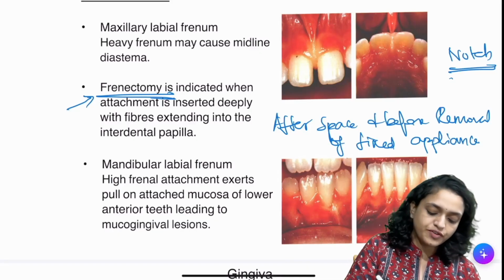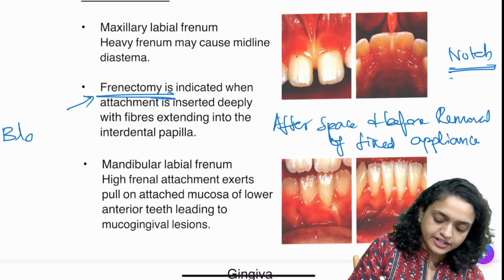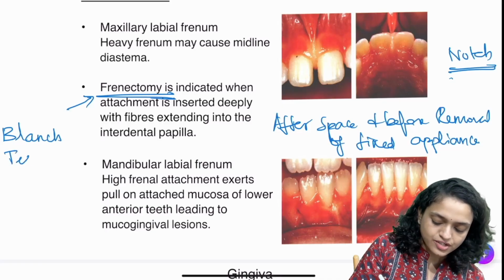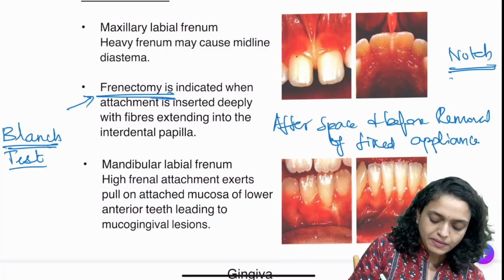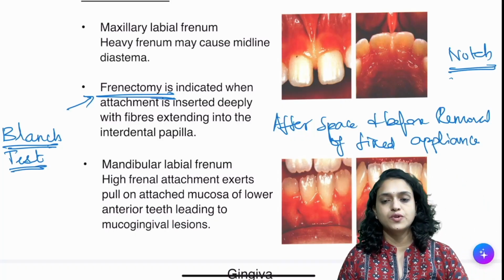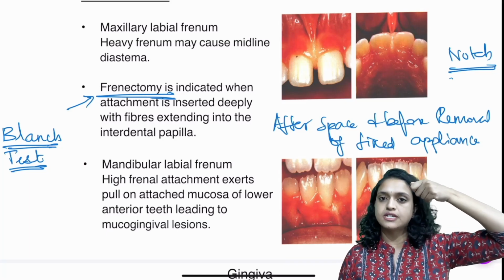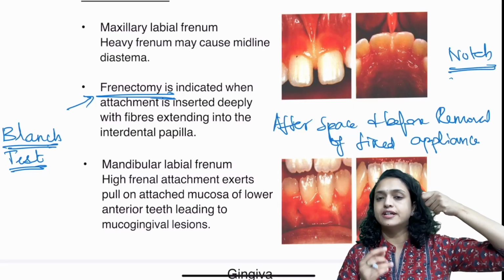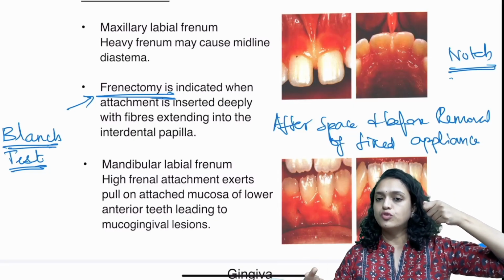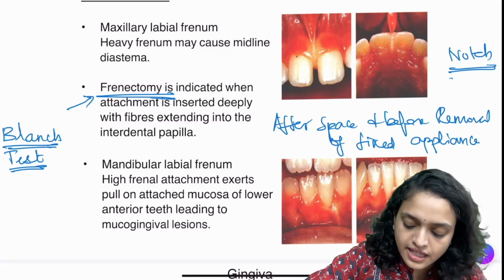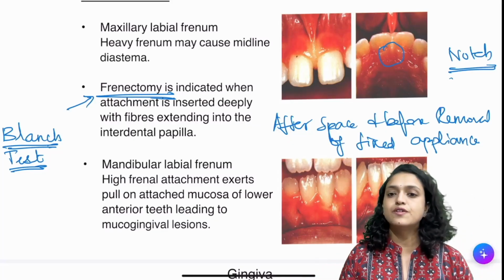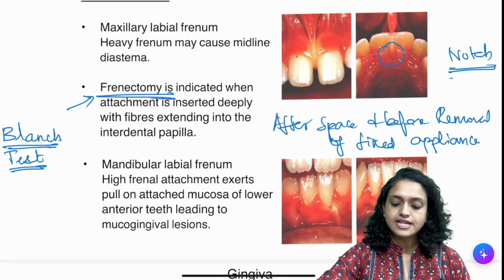This frenum can be identified clinically using something called the Blanch test. The Blanch test is a very important one mark question. What we do is we pull the upper lip upwards and outwards and create tension in the frenum. With your mouth mirror, you have to check in the incisive papilla region.